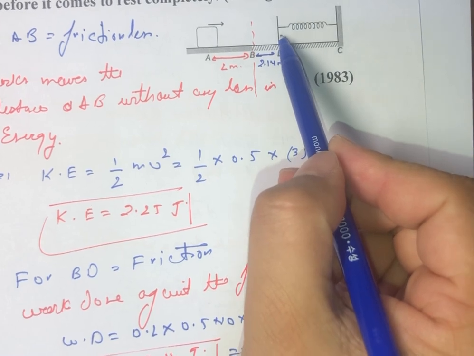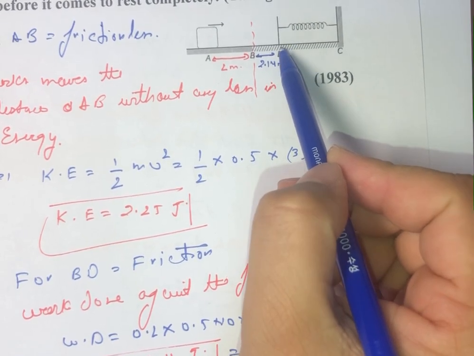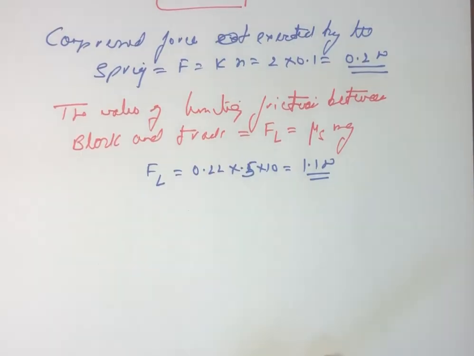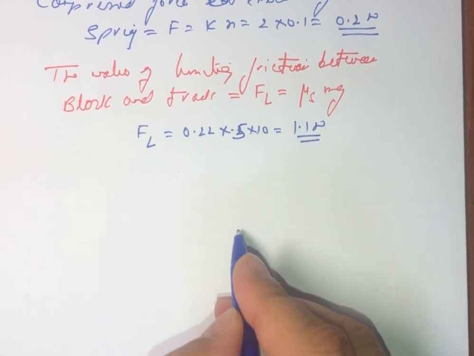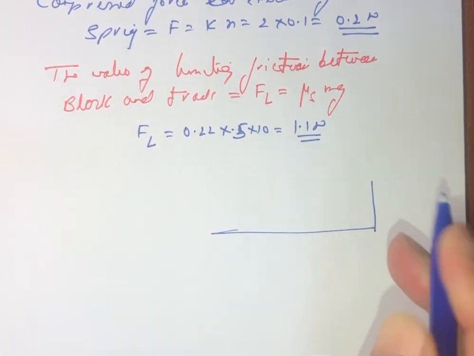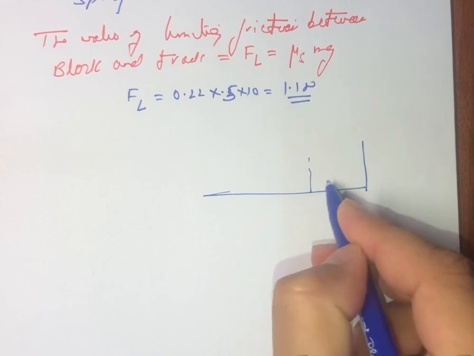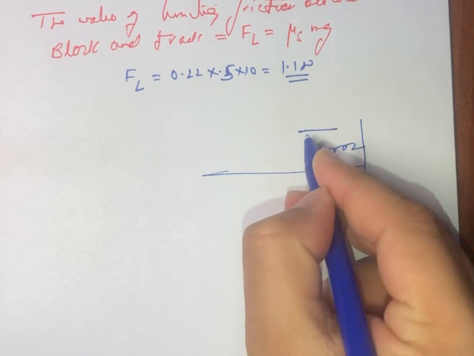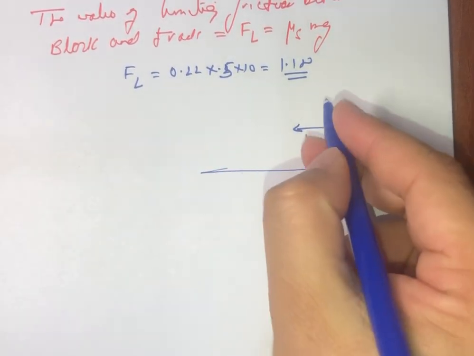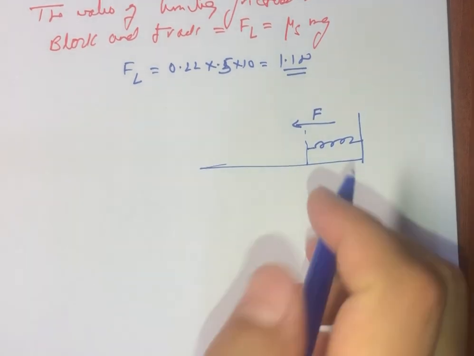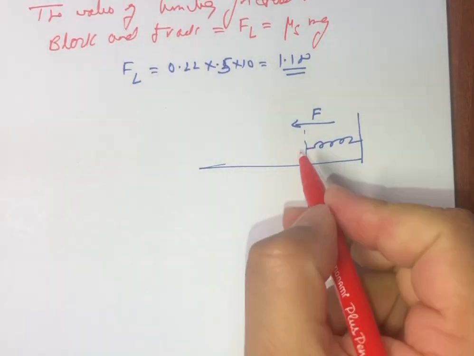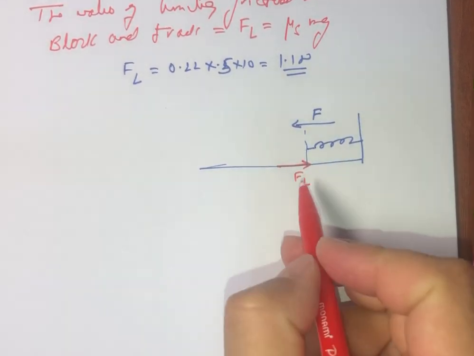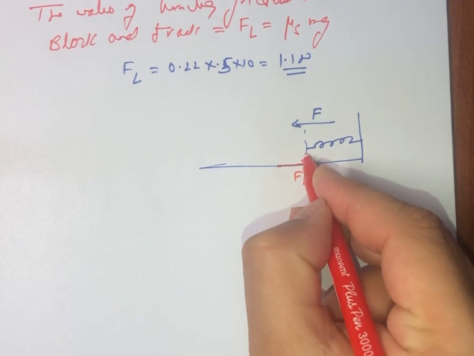Now, as the spring is compressed, it has a tendency to come back to its original position, but the friction will try to prevent the block. The spring will try to expand in this direction with the force F, and in the opposite direction there will be the limiting friction, which will try to prevent the block from moving back.